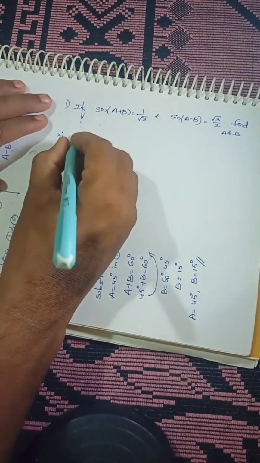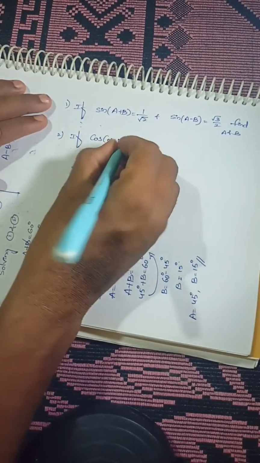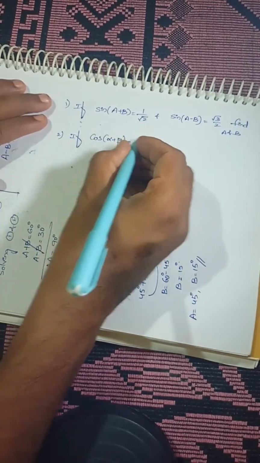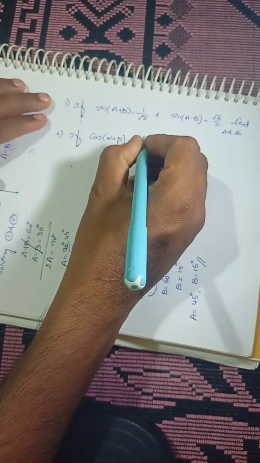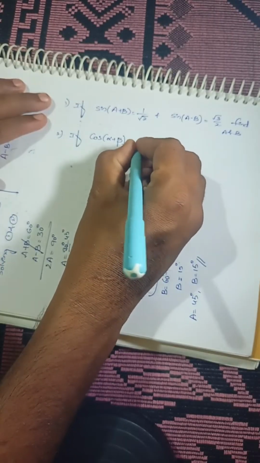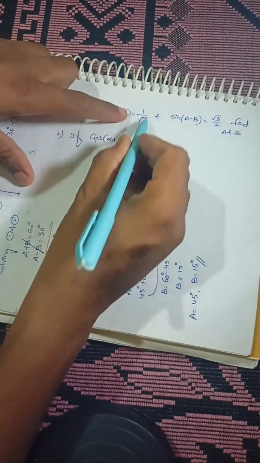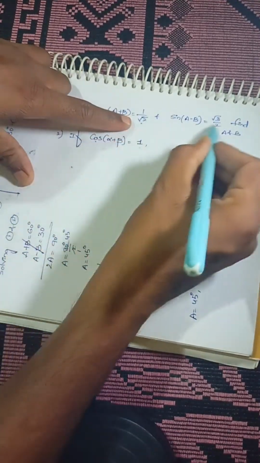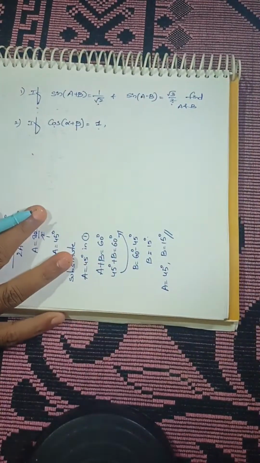Question number 2: if cos of alpha plus beta is 1. Cos alpha, when we will get in cos 1, that is important. When we will get cos 1 by root 2, when we will get cos root 3 by 2, that is the most important thing. Please keep it in your mind.